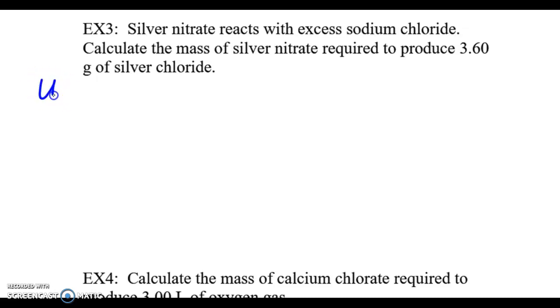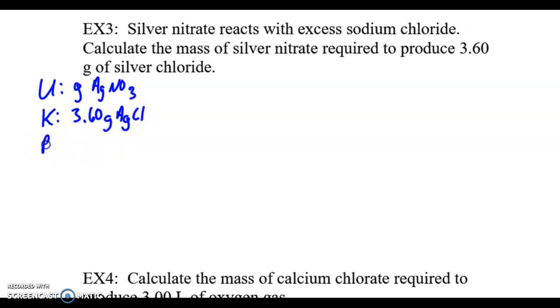So let's set it up. So our unknown here is the mass of silver nitrate, so grams of AgNO3, and our known is that we have 3.60 grams of silver chloride, or we're going to make 3.60 grams of silver chloride.